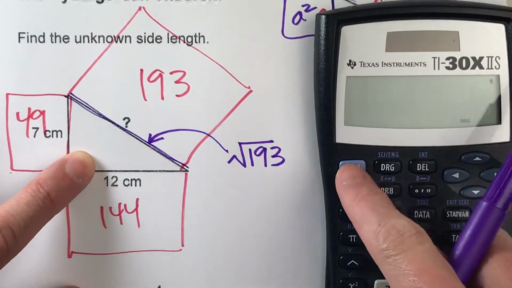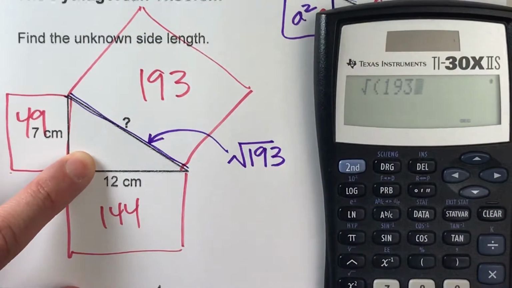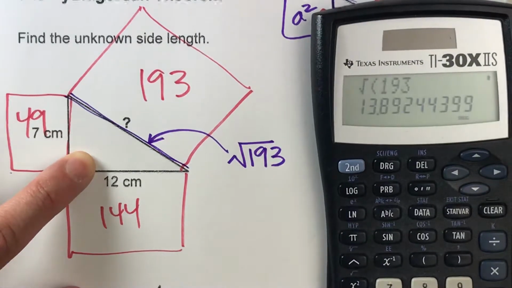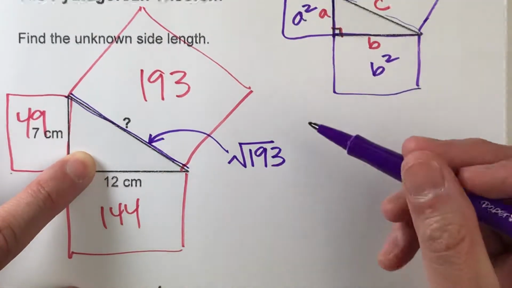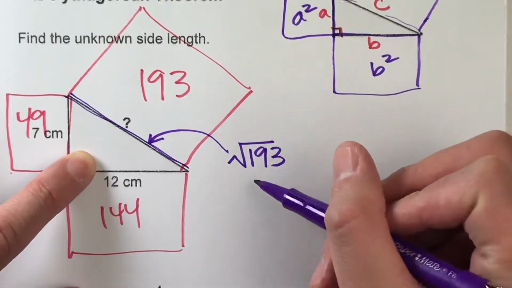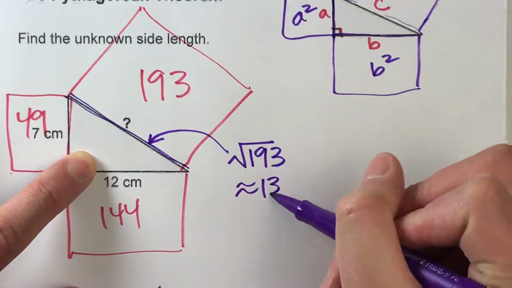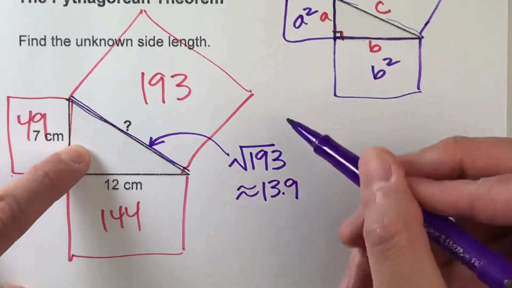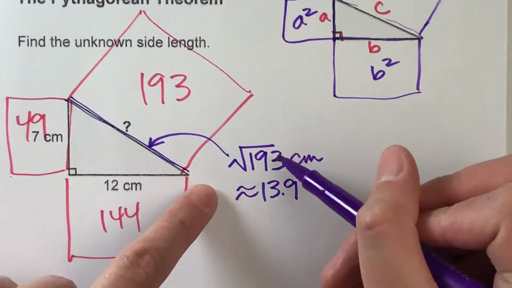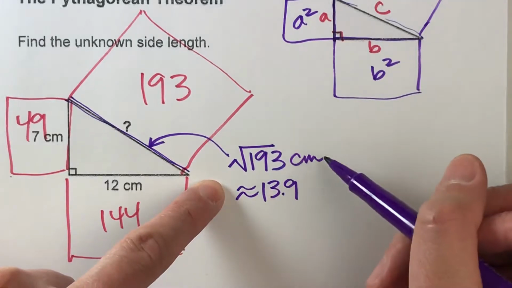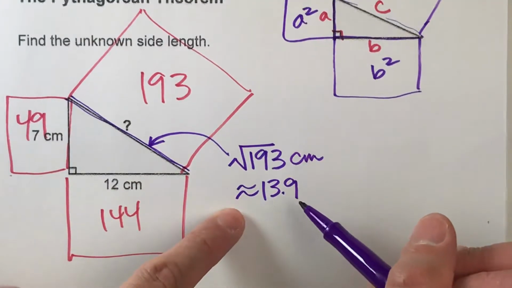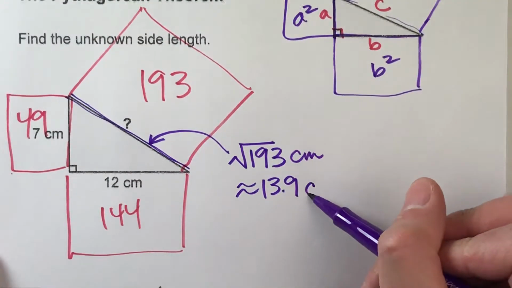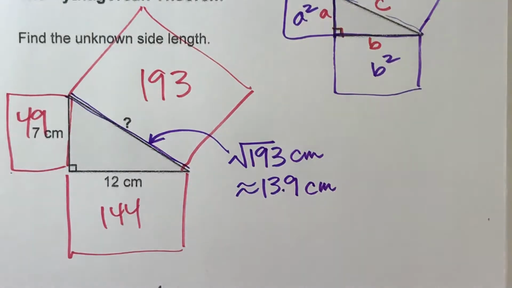So the square root of 193 gets me about 13.9, rounding to the nearest tenth. If I ask for the length as a square root, we can leave it as square root 193 centimeters. Or if we want an approximate length, we can say about 13.9 centimeters.